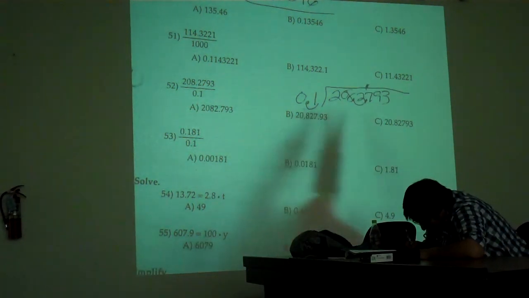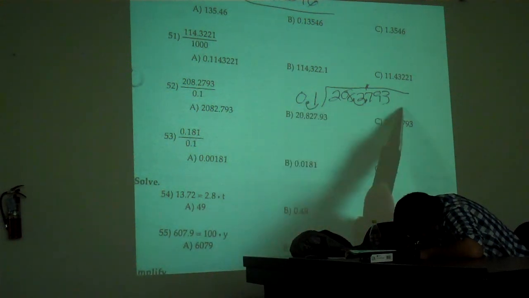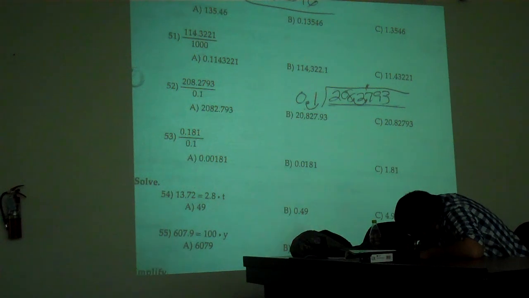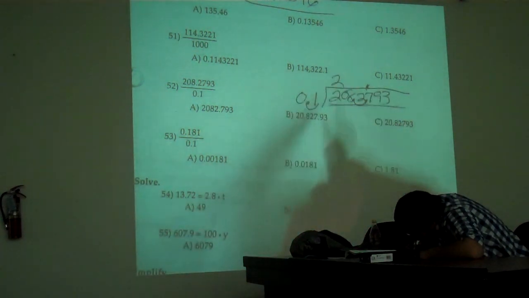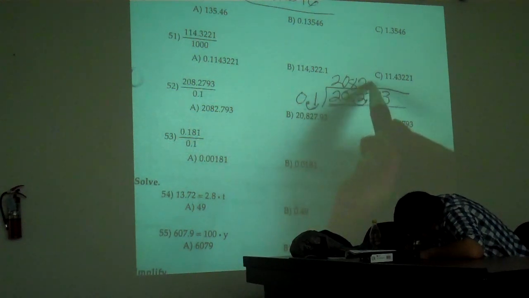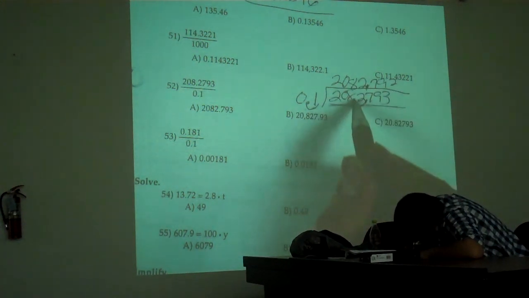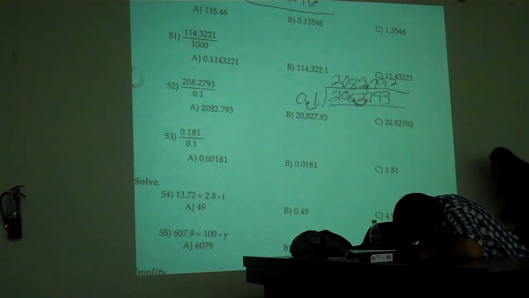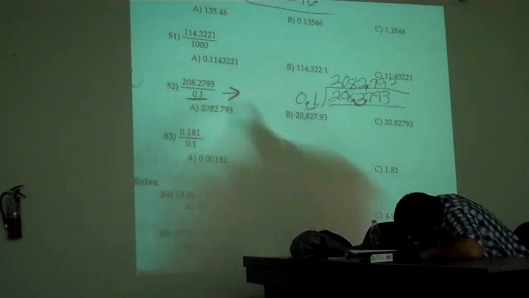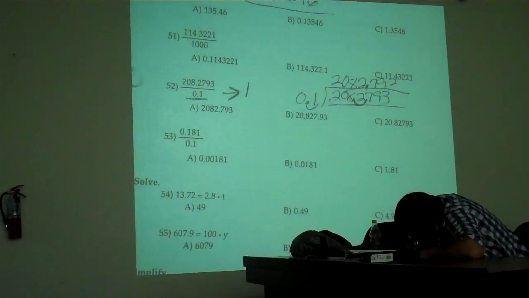So really once you moved it, 1 divided into it is going to be this number, right? 1 into 2 is 2, 1 into 0, 1 into 8. So it's going to be where you just moved it 1 time. So if it has 0.01, you're moving it to the right 1 time.